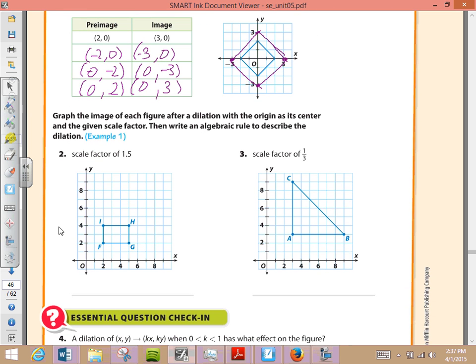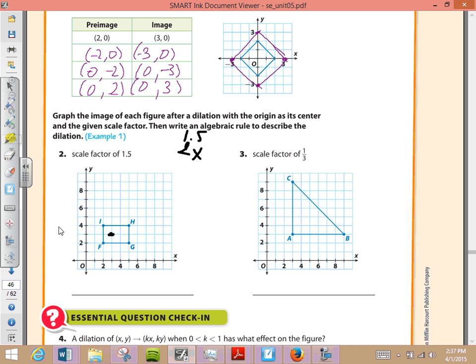All right, the next one should be quite similar. The scale factor is 1.5. So let's multiply 2 times 1.5, and what do you get? You get 3, right? So that means it'll be 3 and 3 right here.